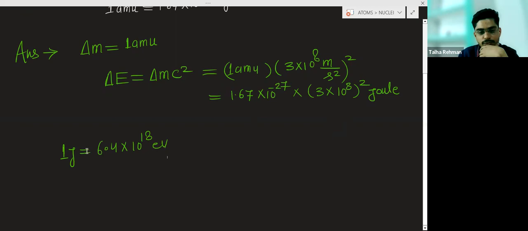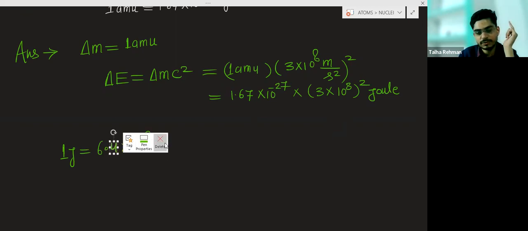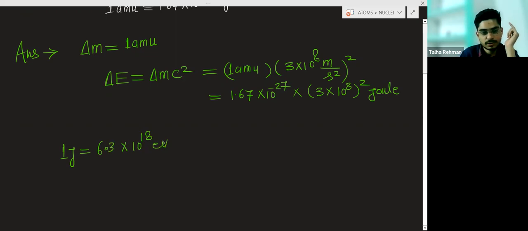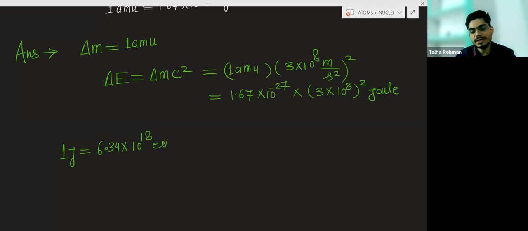Fawaz, just check this value. In 1 joule, how many electron volts are there?